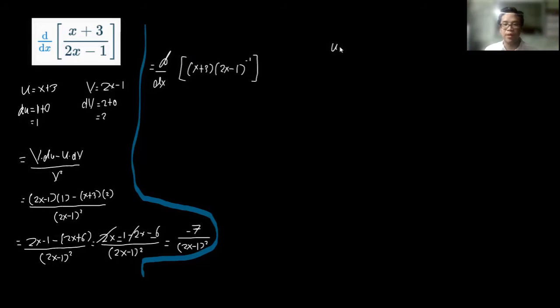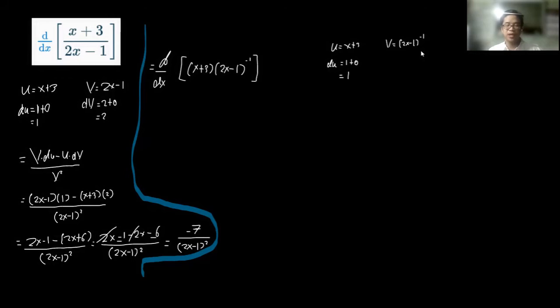So my u here is x plus 3. The derivative of my u, or du, is 1 plus 0, so this is just 1. Next is my v. My v here is 2x minus 1 raised to negative 1.